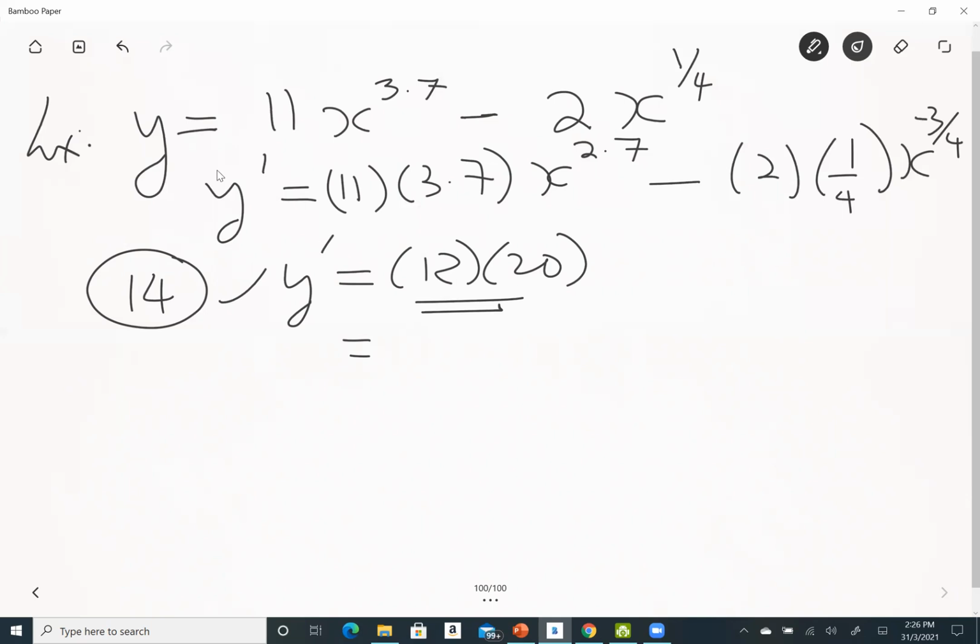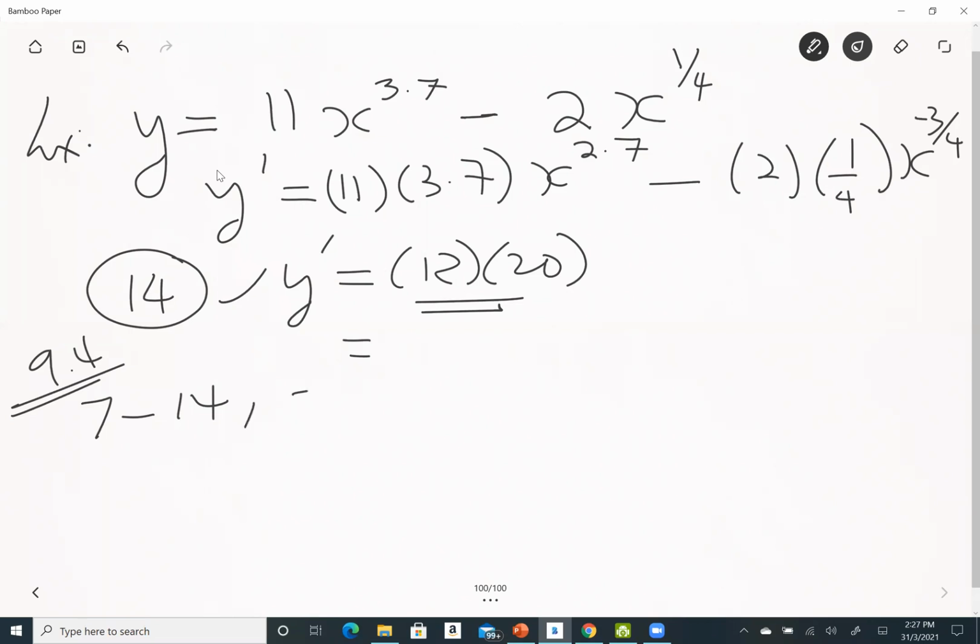All right, for 9.4, I'll give you a few questions for practice. We did 14, so that's good. Do number 7 to 14. This is 9.4, on the combination of the power rule and the sum and difference rule.